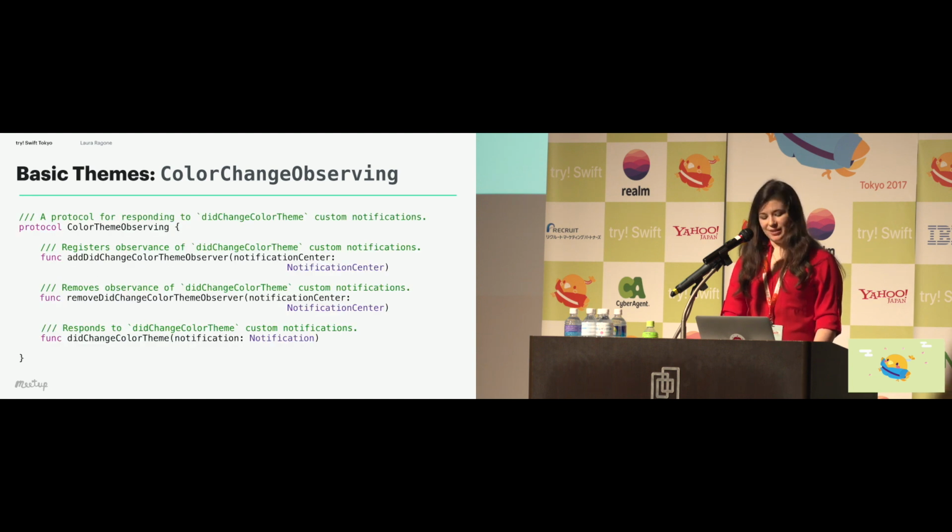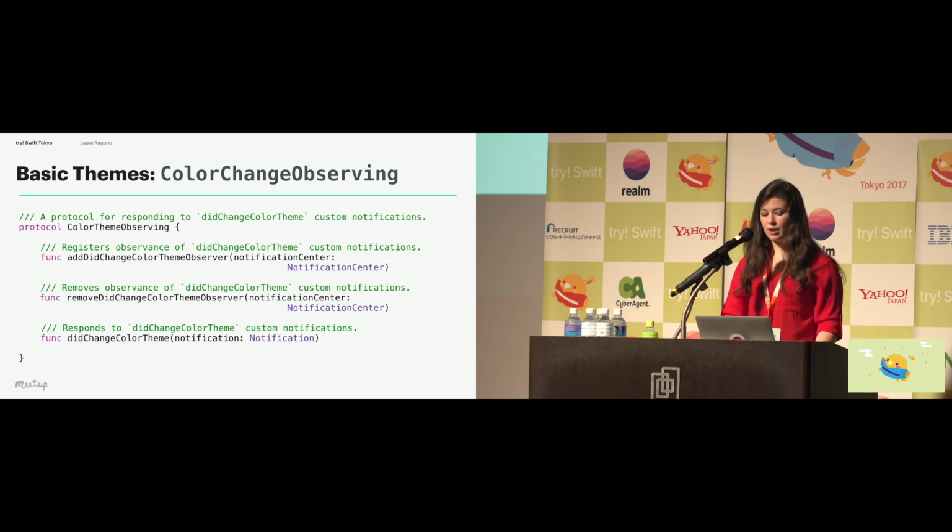There's not much to it. Both adding and removing the theme change observers will call through to Notification Center's add and remove observer methods, pre-configured with the name of the color theme change notification.